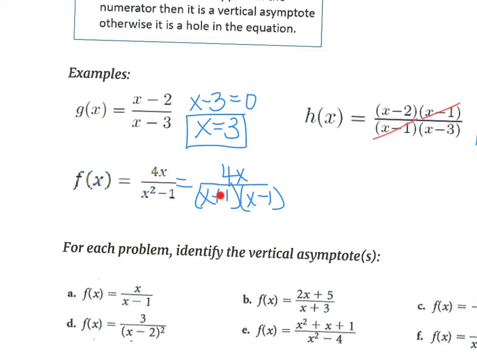If x plus 1 was set equal to 0, I would get the equation x equals negative 1. And if x minus 1 was set equal to 0, I would get the equation x equals positive 1. Both of these are vertical asymptotes on the third problem.